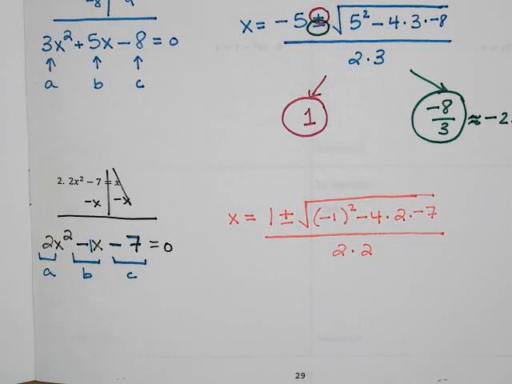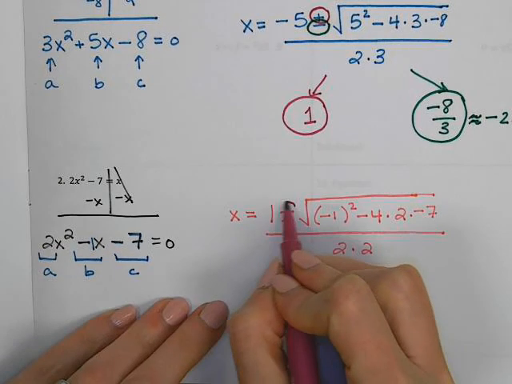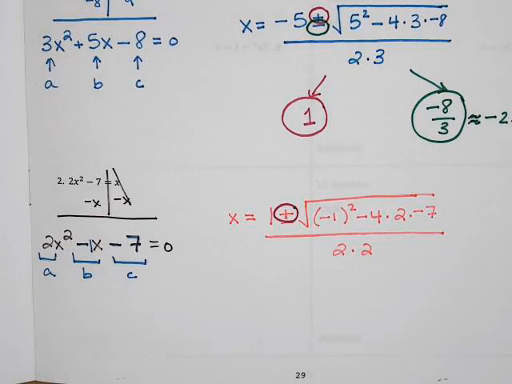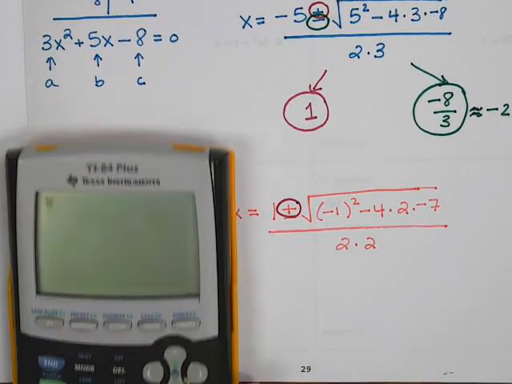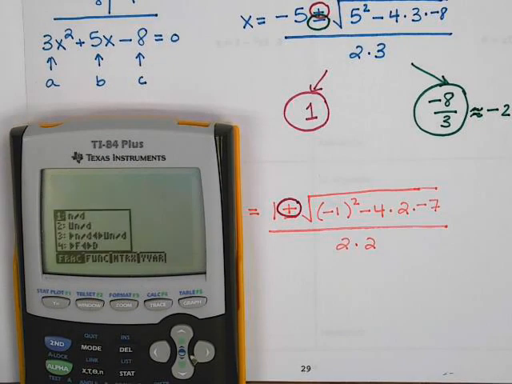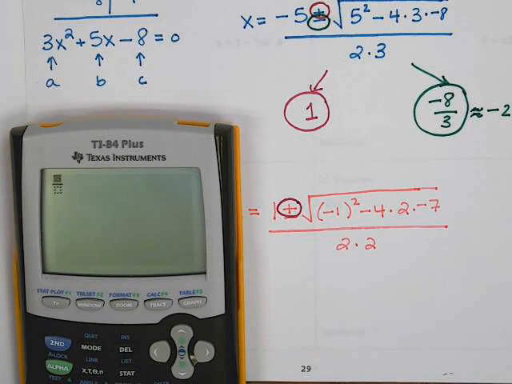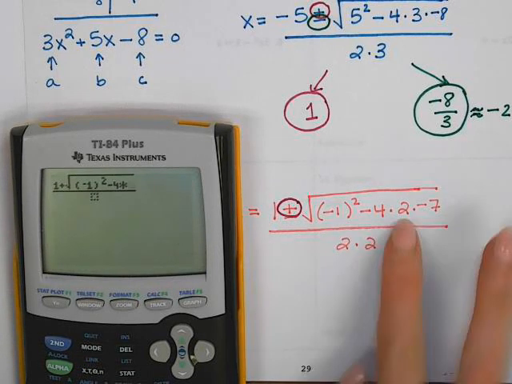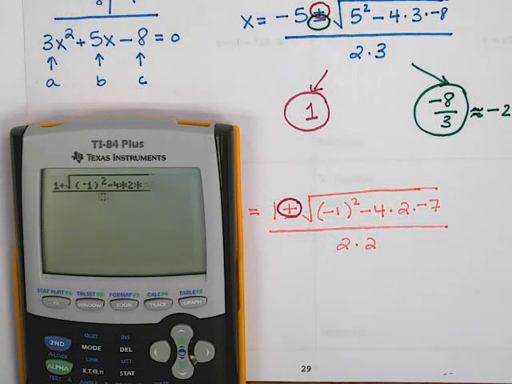All right, bust out that calculator. Let's do the positive version first, and then we'll do the negative. So do your green, y equals, enter. All right, let's type it in. So 1 plus square root, parentheses, negative 1 squared minus 4 times 2 times negative 7, all divided by 2 times 2.